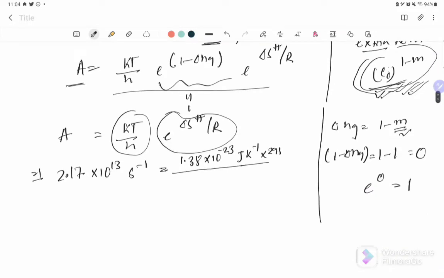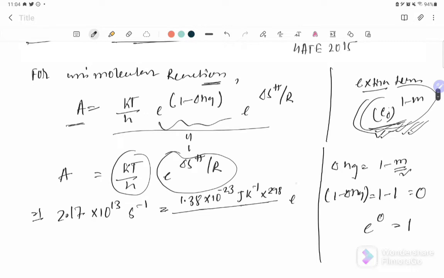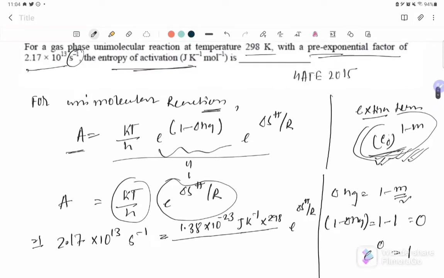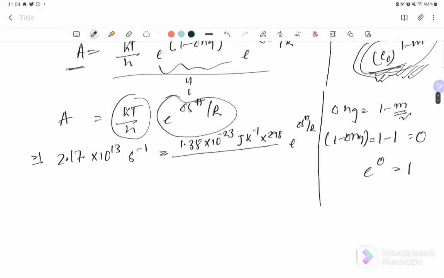And in the denominator, h will be 6.6 into 10 to the power minus 34 joule second.